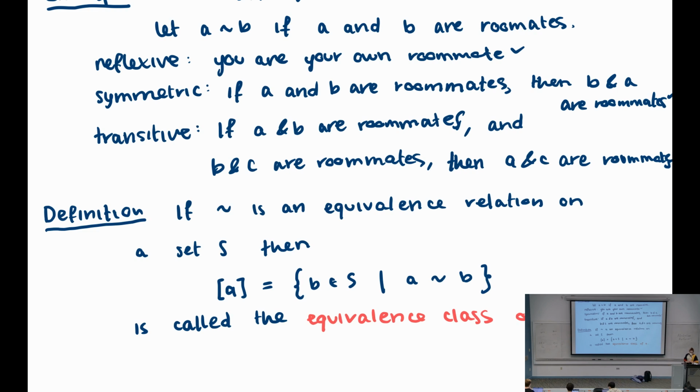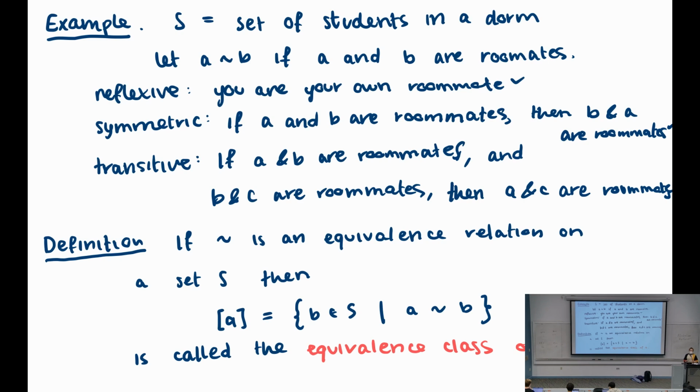So in the roommates example, the set of all equivalence classes would be like the dorm rooms themselves, because each dorm room is the set of students that are all related to each other.